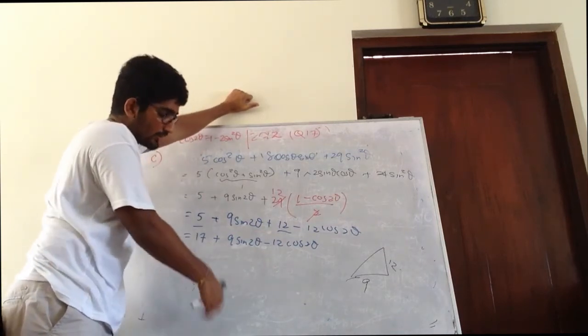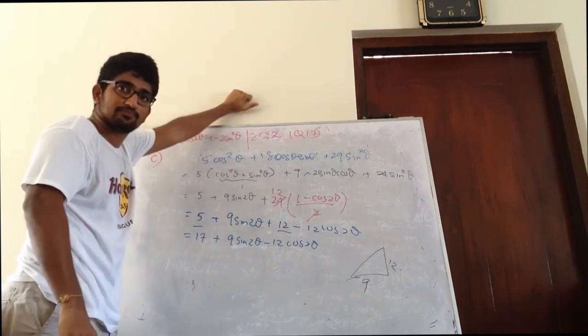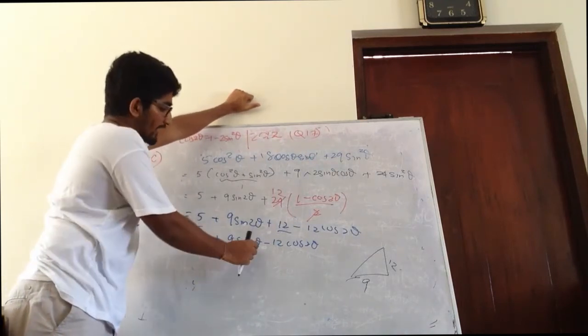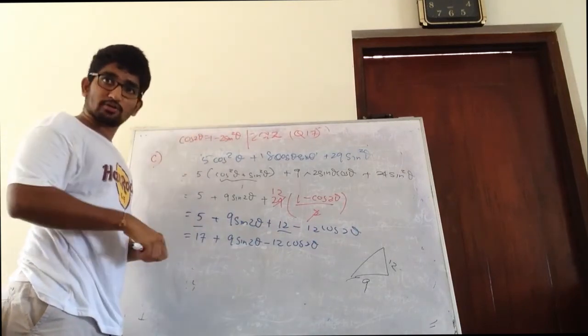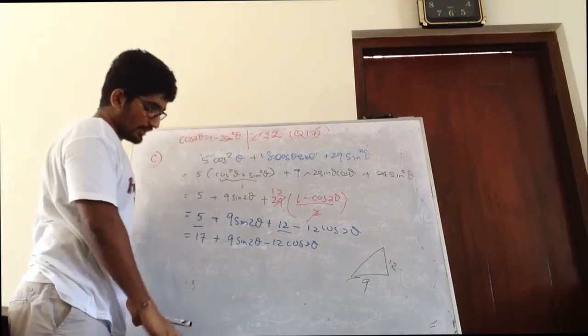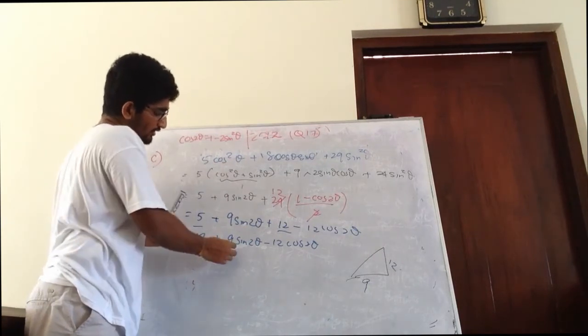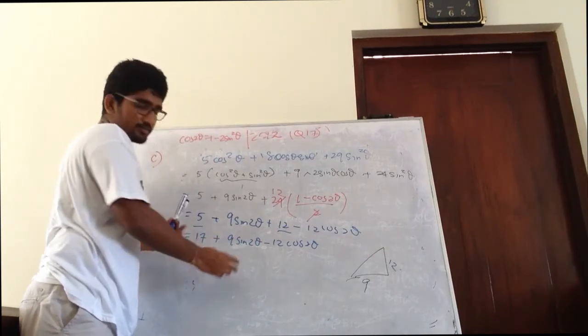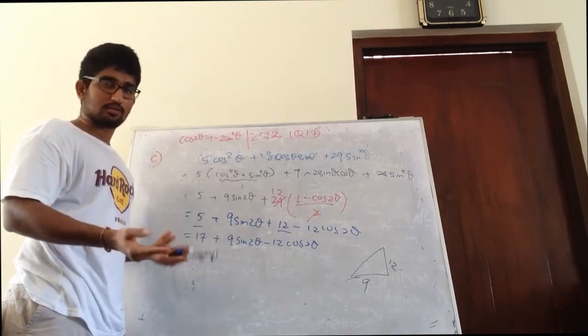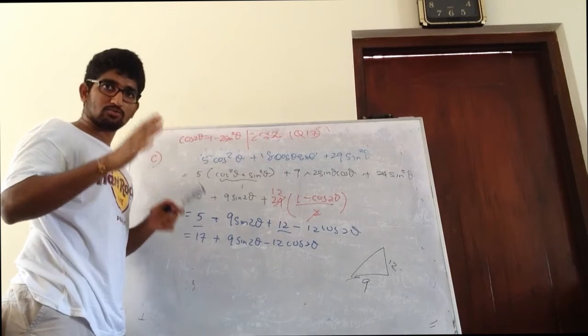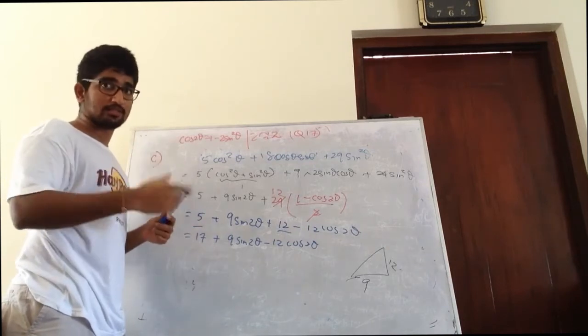Now I need to somehow get this cos 2 theta thing, and there is a 2 theta part anyway. If I want to make a cos 2 theta, I definitely need to make this a cos thing. That's how I'm thinking this out.